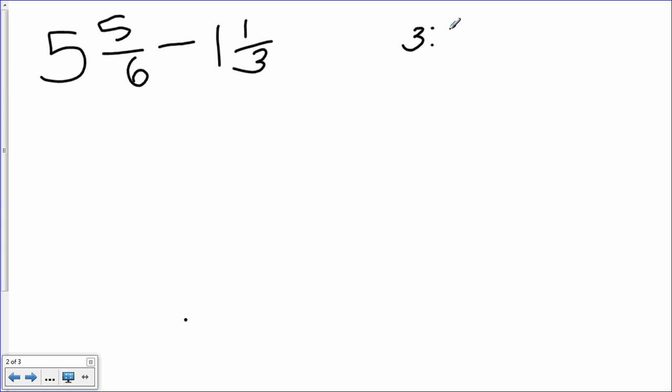Well, the multiples of 3 are 3, 6, 9, and 12. Okay, I'm going to list the first 4 multiples of 6.